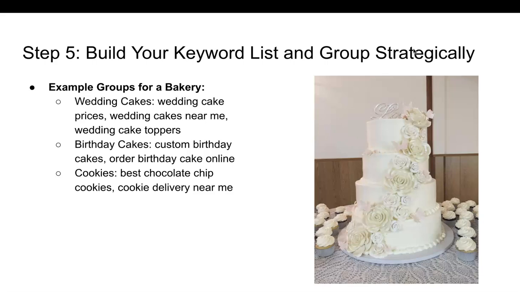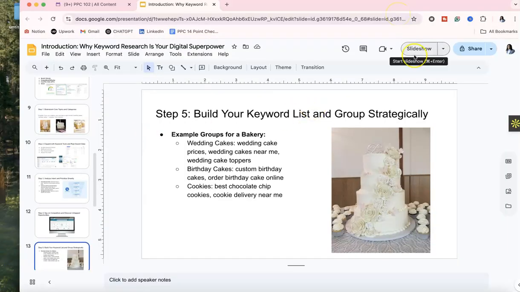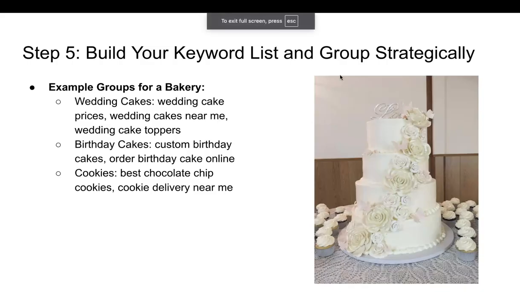Step five, you want to build your keyword list and group them strategically. So you want to organize your best keywords into themes and clusters. Each group can become its own group for PPC or content pillars. For example, we have groups for a bakery. For wedding cakes, we have wedding cake prices, wedding cakes near me, wedding cake toppers.